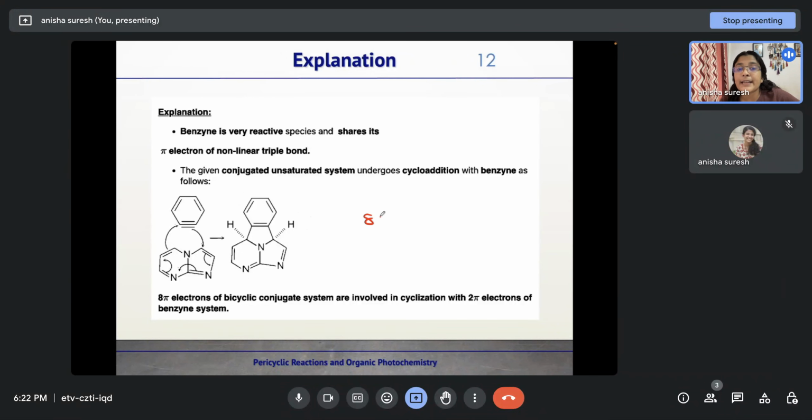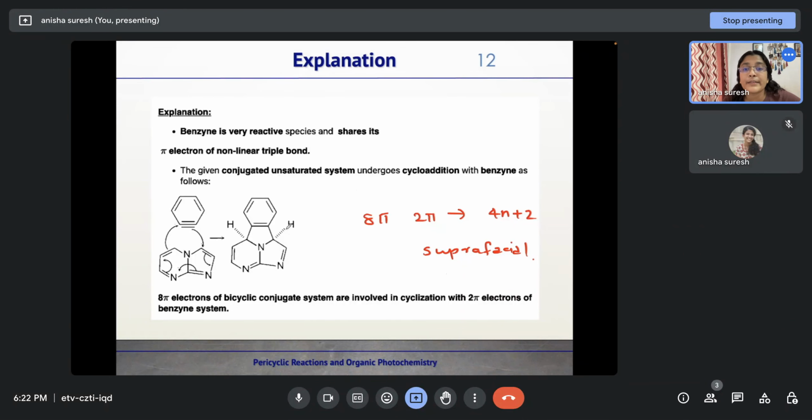And since it is an 8 pi 2 pi system, this will be a 4n plus 2 kind of system. So the reaction will take place in a suprafacial manner. Both of these starting materials will react in a suprafacial manner.